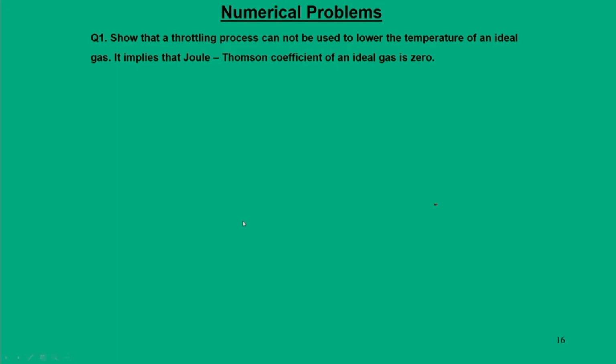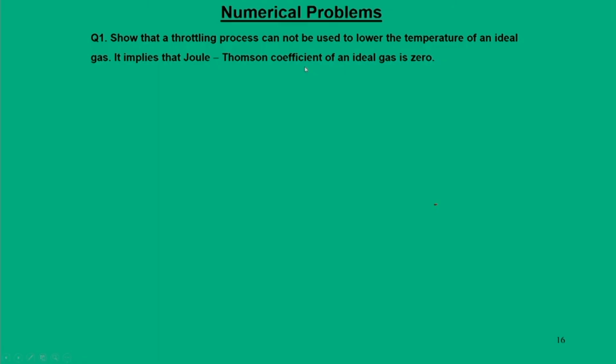Most of the content of this lecture is more towards the physical nature, but many times we use the statement that the Joule-Thomson coefficient for an ideal gas is 0. In other words, what will happen if I use a throttling process to lower the temperature for an ideal gas?